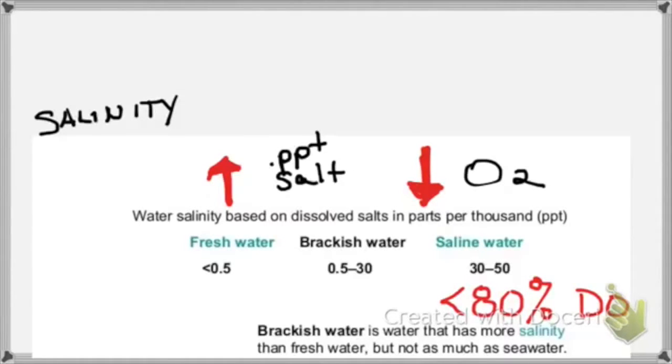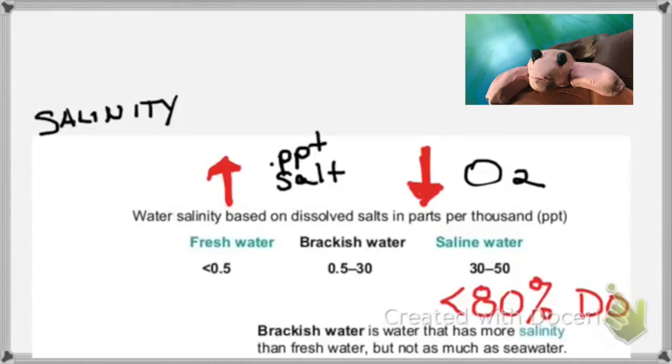Salt waters can be super high in salts, up to 30 to 50% sodium and chloride, and then the DO drops really low, even as low as only 20% of what's found in fresh water. That's 80% less DO. So I get it. Now I want to go up into the mountains to those aerated mountain streams.